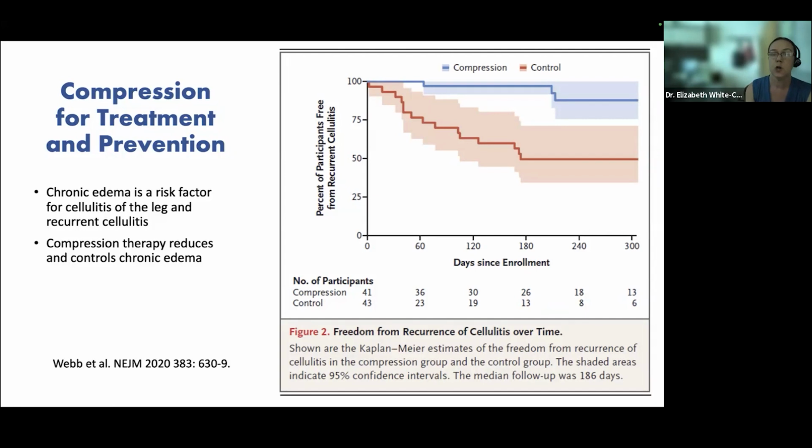Those people who were wearing the garments and had had the education on hygiene were less likely to come back with another hospitalization. So the take-home message is that swelling is a pro-inflammatory process that puts you at risk for infection. Controlling that swelling with the garment greatly reduces bad outcomes.